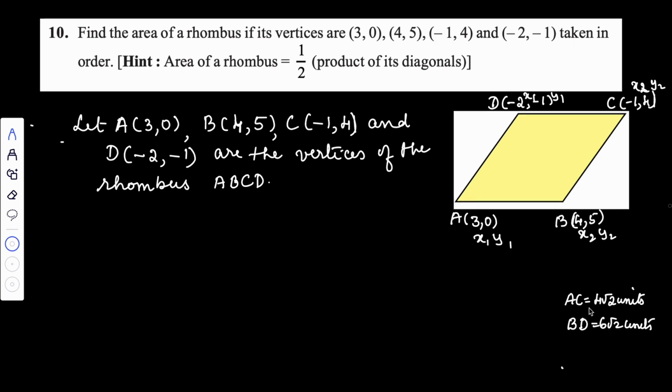Length of the diagonal AC we got 4 root 2 units, BD is equal to 6 root 2 units.